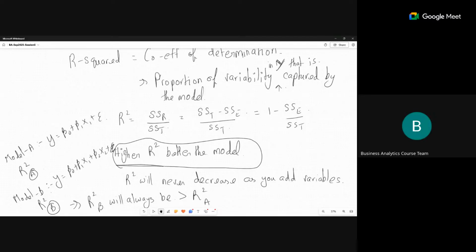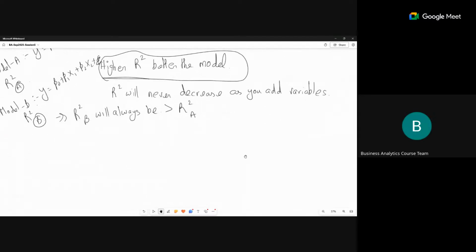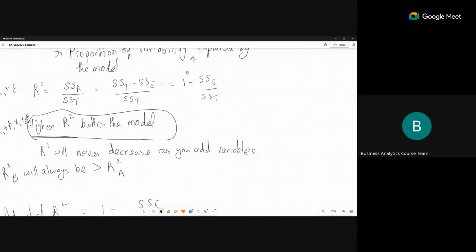So to see whether an incoming variable is truly contributing significantly to the model's ability to capture variance, you use something known as the adjusted R squared. This formula was for the R squared, right? 1 minus SSE by SST.